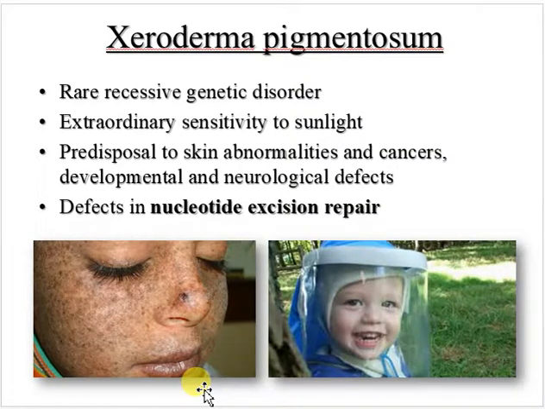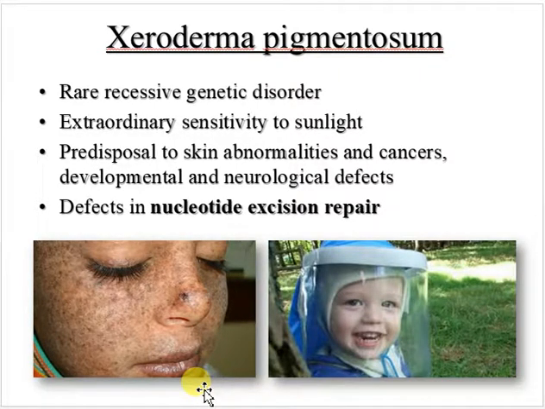When that pathway doesn't work, those thymine dimers and other forms of UV damage won't be repaired. So people with xeroderma pigmentosum develop severe sunburns from just a few minutes of exposure to the sun, and about half will get skin cancer by the age of 10 unless they avoid the sun.